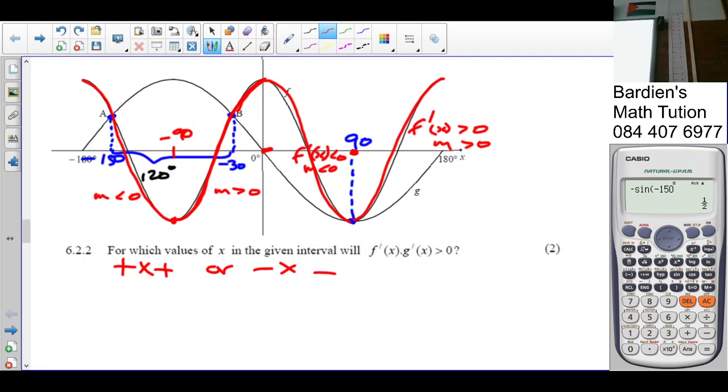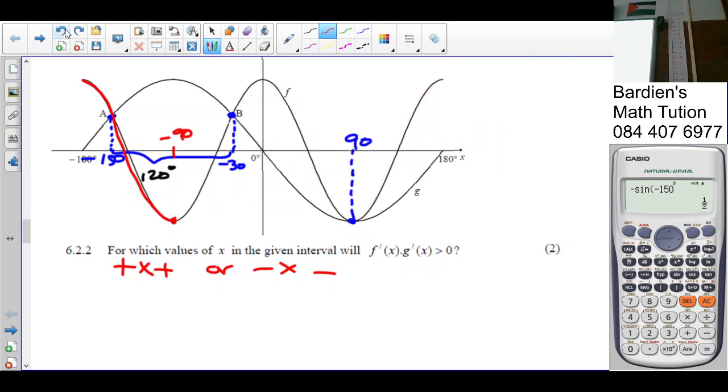So let's look at the g of x graph. Here the gradient is positive, the graph is increasing. Here the gradient is negative, the graph is decreasing. Here, increasing. Does it make sense?